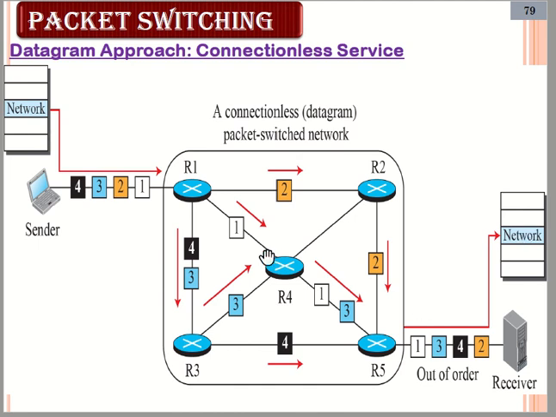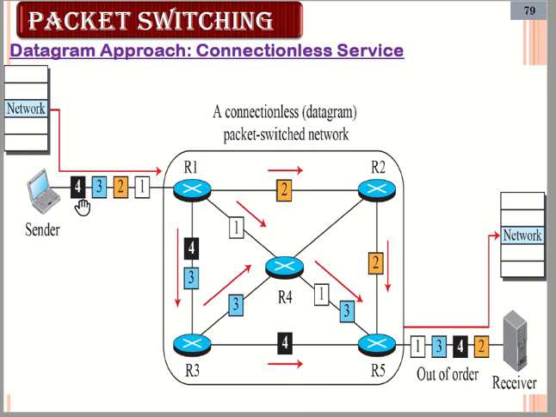Similarly, packet 2 comes to R1. Now instead of sending it to R4, R1 forwards it to R2. From R2 it goes to R5, and then to the destination. Similarly, frame 3 comes to R1 first, then goes from R1 to R3, then to R4, and finally to R5 and the destination.